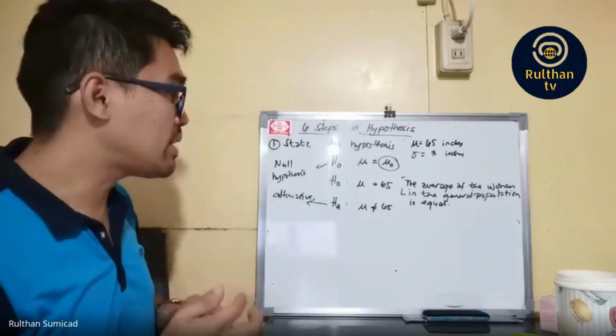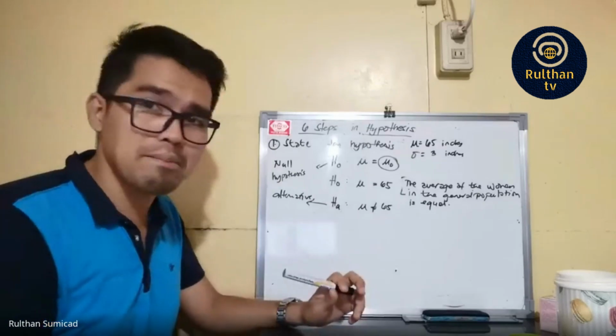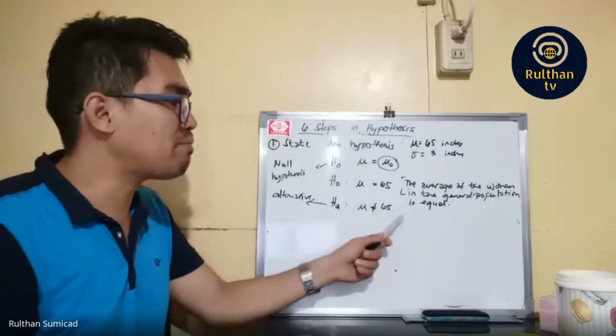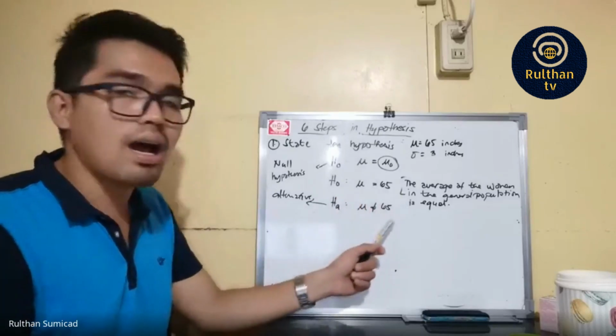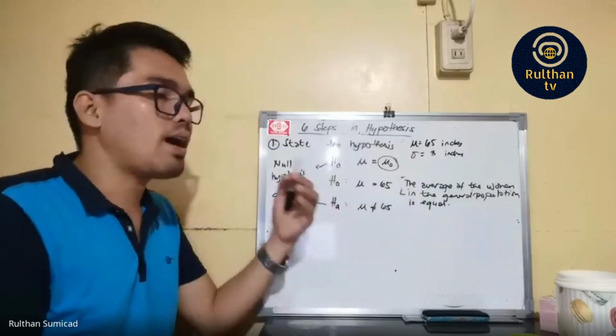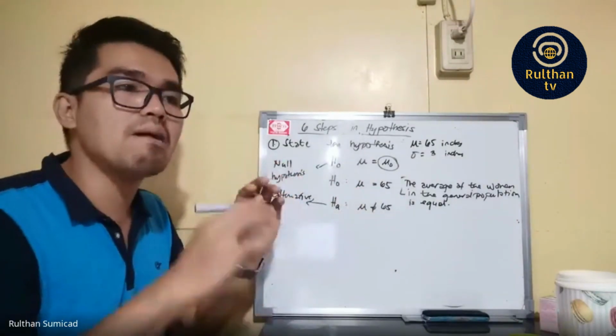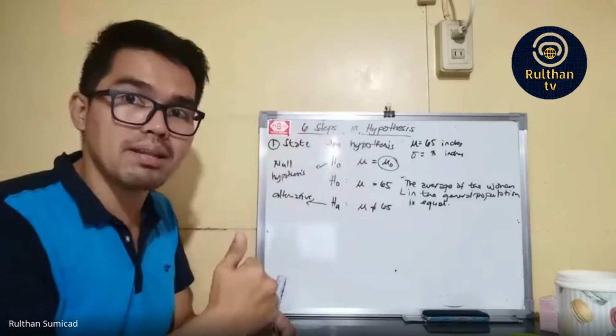So it varies. It doesn't specifically say whether greater than 65 or less than 65. That's why, remember, our alternative hypothesis in this situation is non-directional. It could have been greater than or less than, so we have two rejection regions, both above the mean and below the mean.